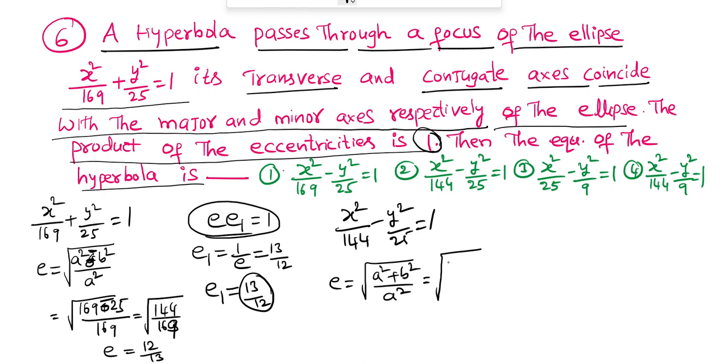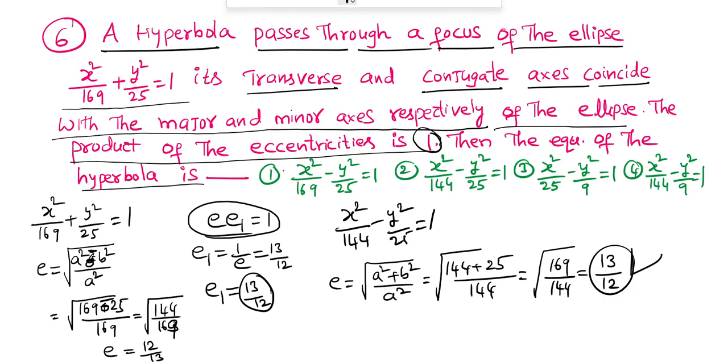Substituting a square is 144 and b square is 25, over a square 144, that is 169 by 144, which is 13 by 12. So this is the eccentricity of the hyperbola. So the second option is the correct answer. By verification, the product of the eccentricities is 1 as given. So the second option is the correct answer.